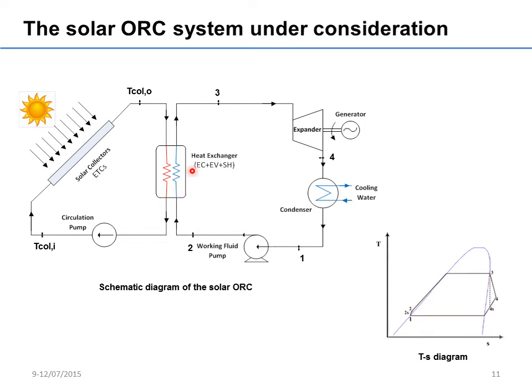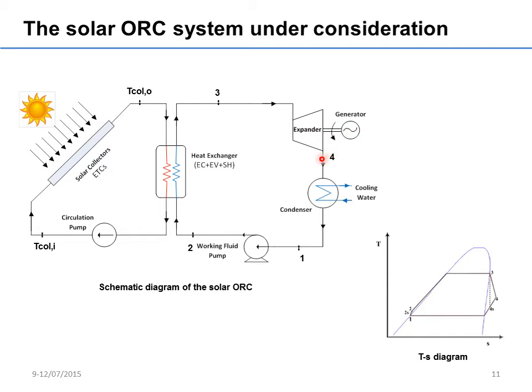The working fluid is heated by heat exchange from the heat transfer fluid. The heated working fluid passes through the expander to generate mechanical work, which is then converted to electricity using the generator.